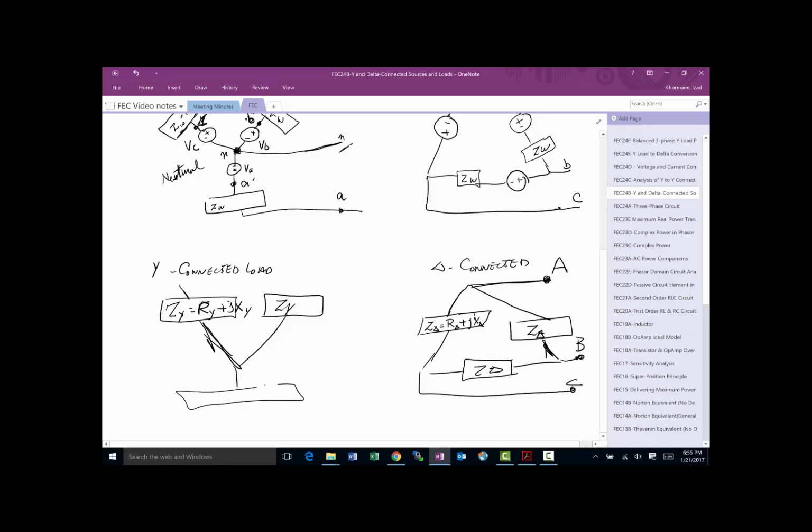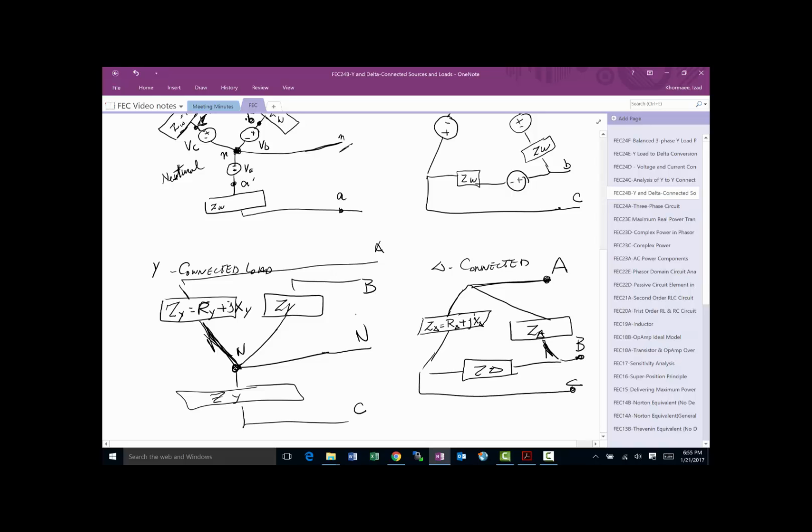And that's what we are striving for always, to get a balanced load. So you got three of those, but in this case you also have a neutral. This fourth node is referred to as the load neutral, so you're going to have not only A, B, and C, but you also have the neutral.